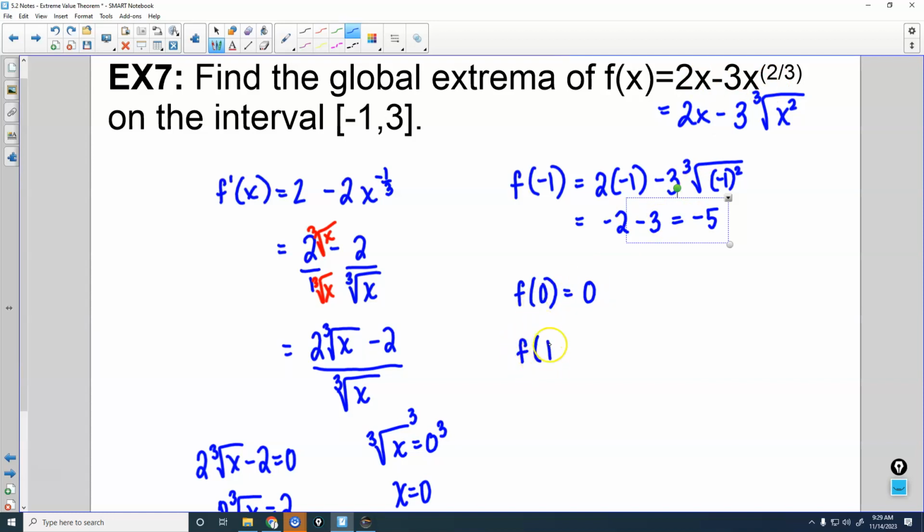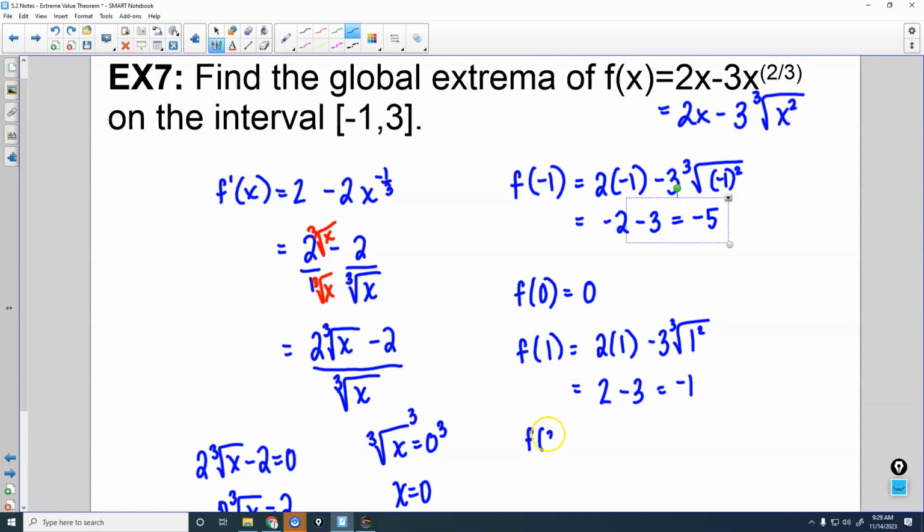We'll do f of 1. 2 times 1 minus 3 times the cube root of 1 squared. That will give us 2 minus, 1 squared is 1. Cube root of 1 is 1. So we just get 2 minus 3, which is negative 1.